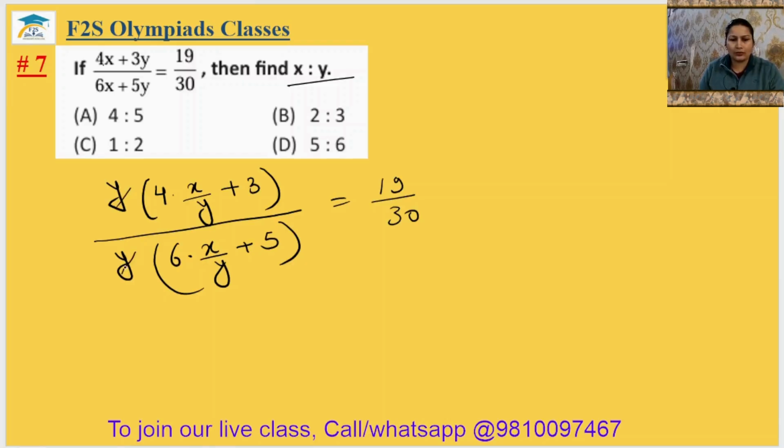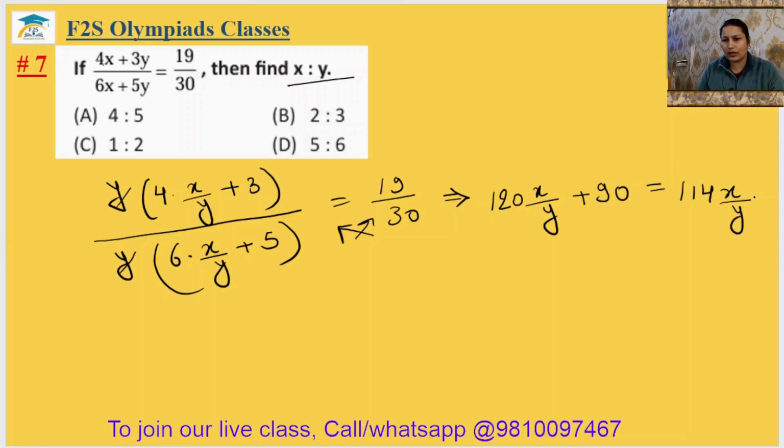Y cancels out. Now simplify it with cross multiplication. So 30 times 4 is 120 x upon y plus 30 times 3 is 90, equal to 114 x upon y plus 19 fives are 95.